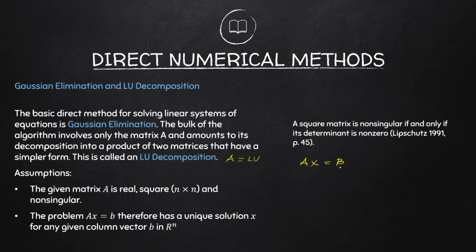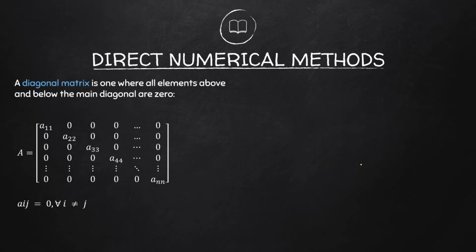In this case, the vector B is a vector in the real space with n number of elements. Backward substitution is used to solve linear equations when a matrix is in upper triangular form. We will go over this using an example in the next parts of this video.